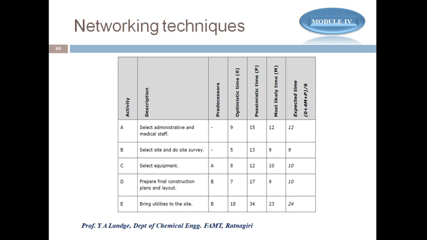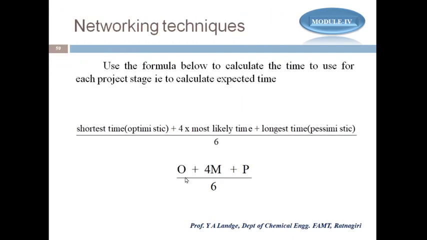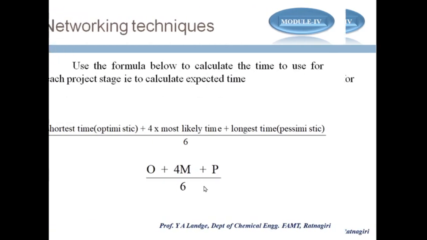To calculate the expected time, we use this formula: O, the shortest time, plus 4 times the most likely time, plus P, the pessimistic, divided by 6. So the last column we can calculate that way.